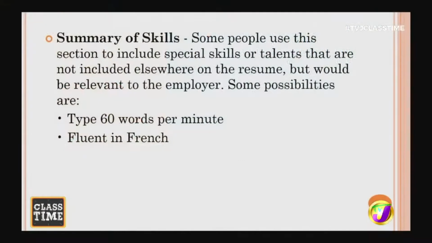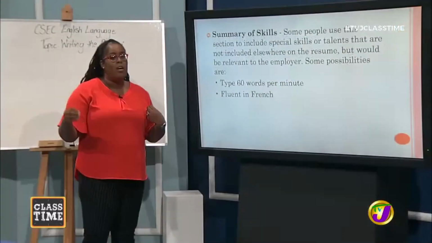Some people use this section to include special skills or talents that are not included elsewhere on the resume, but would be relevant to the employer. Some possibilities are to type 60 words per minute or being fluent in French, right? Now remember, our ultimate goal is to get this callback.